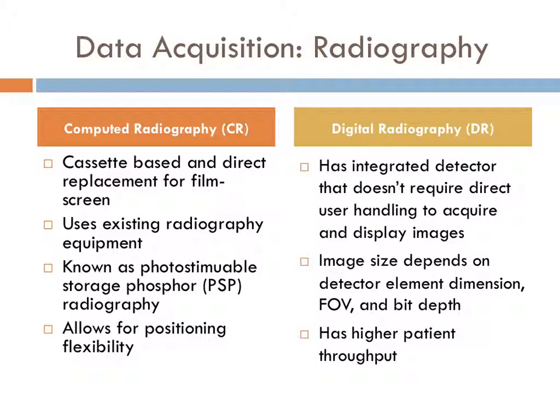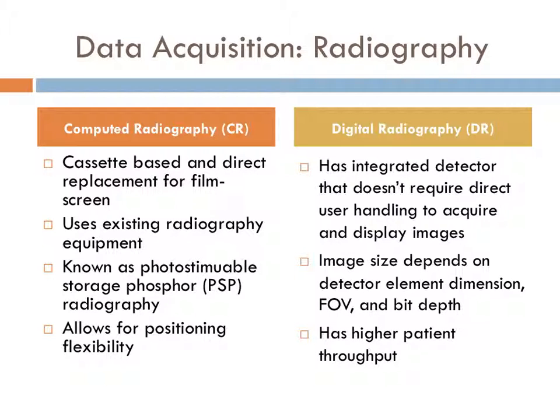So for example, if you work at an outpatient clinic and it's, say, mainly an ortho clinic, you're doing a lot of axillary shoulders, you're doing a lot of cross-table hip imaging, and you want to think what is best for your department if you're going from film-based to either CR or DR. With those types of exams, you need flexible positioning. You need to be able to get the detector behind the shoulder to get the axillary shoulder.